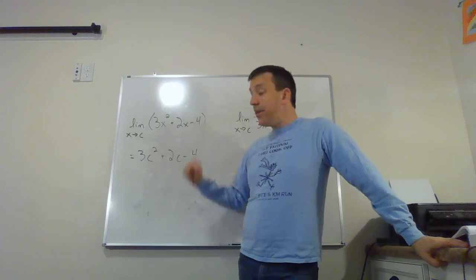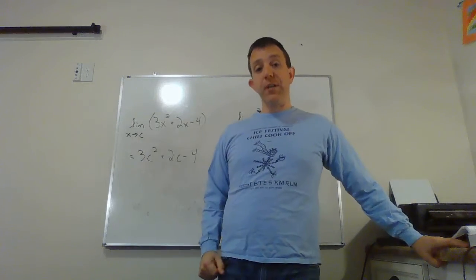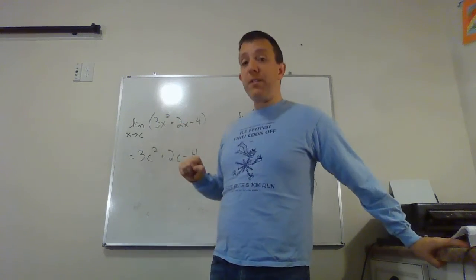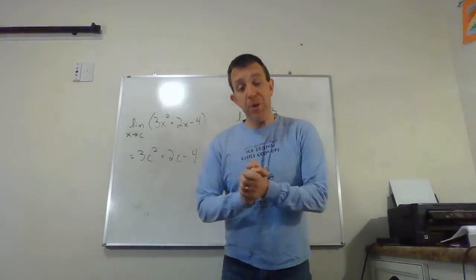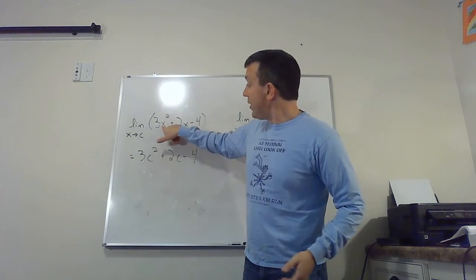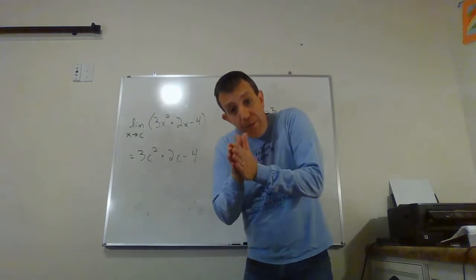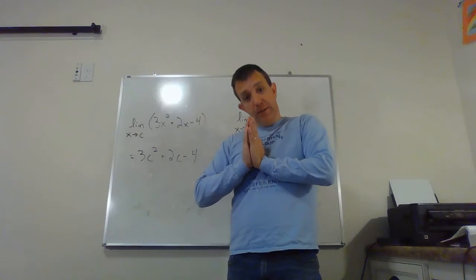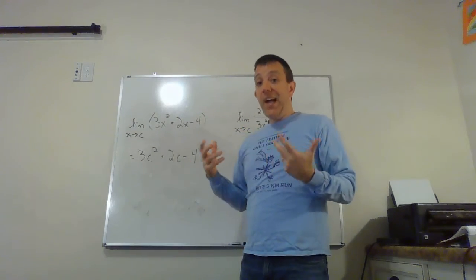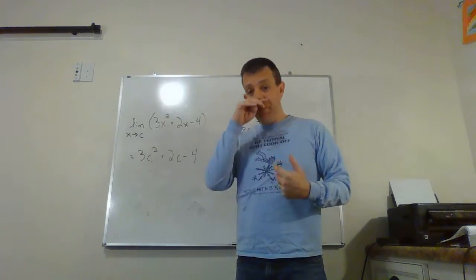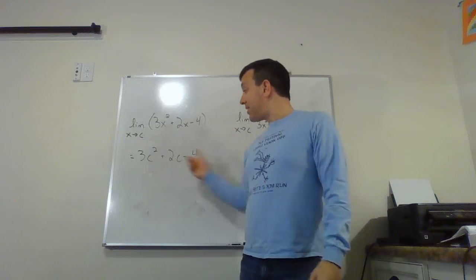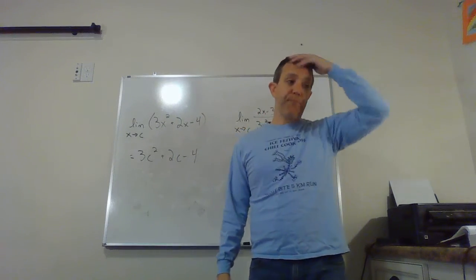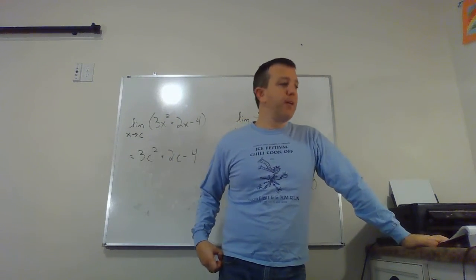We have powers, we have addition and subtraction, we have constants being multiplied. We know the limit of the identity function is just c, and we can manipulate it with all those limit laws, and basically we just end up plugging in c.